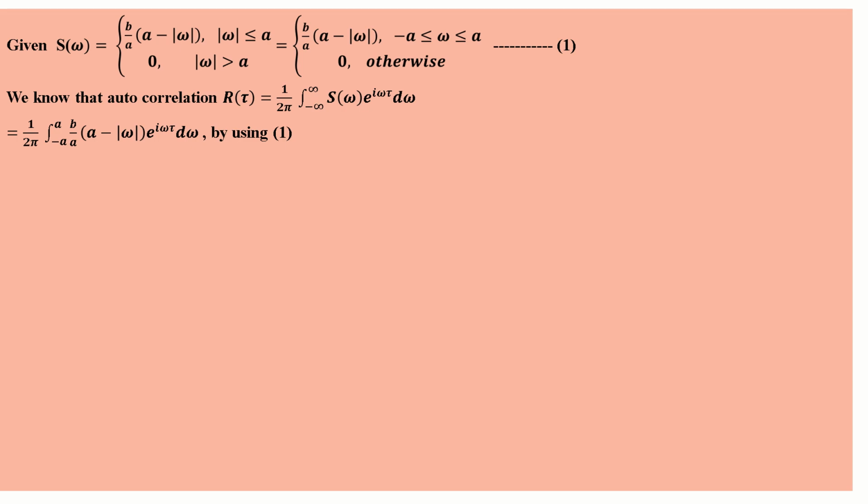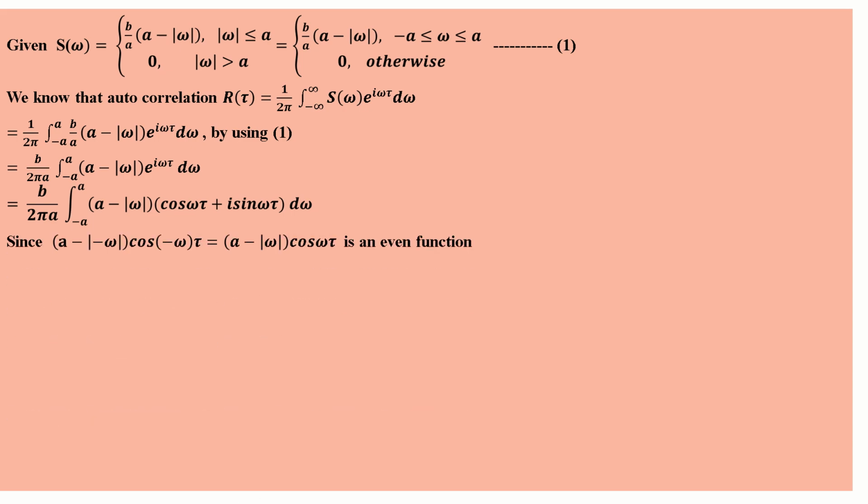Substituting the value of S(ω) in the integral, we get 1/2π ∫ from -A to +A (B/A)(A - |ω|) e^(iωτ) dω. Taking B/A outside because it is constant with respect to the integration, we get B/2πA ∫ from -A to +A (A - |ω|) e^(iωτ) dω. Expanding e^(iωτ) using De Moivre's theorem, it becomes (cos ωτ + i sin ωτ) dω.